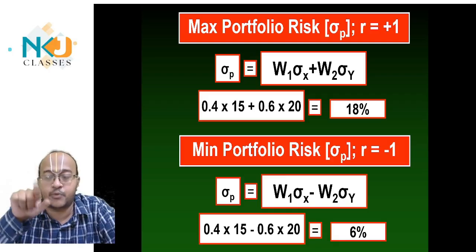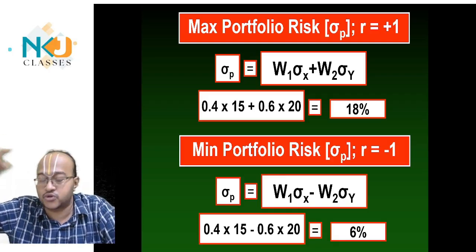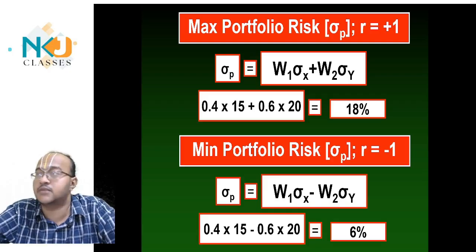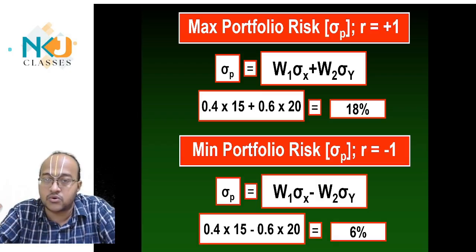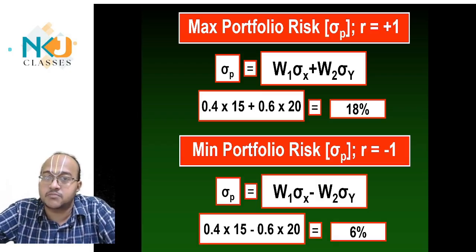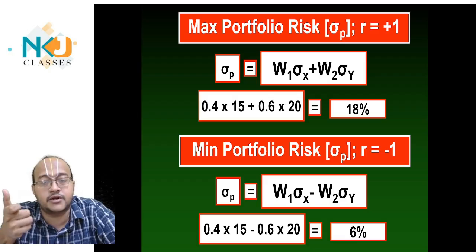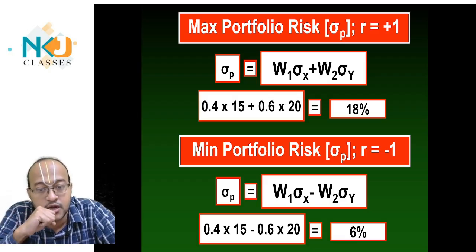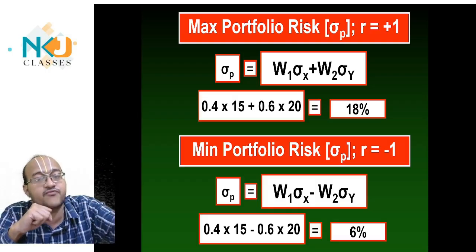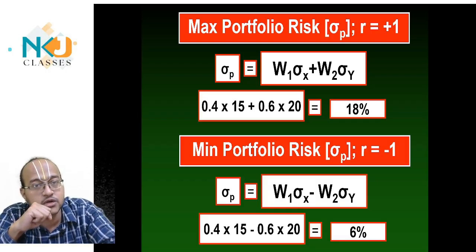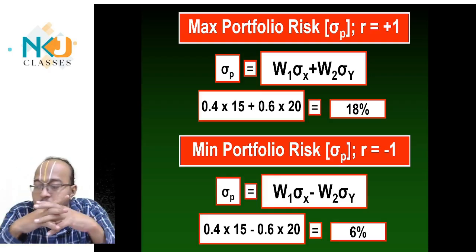Proportion of X is equal to sigma Y by sigma X plus sigma Y. Likewise, proportion of Y is equal to sigma X by sigma X plus sigma Y. By this formula you can reduce portfolio risk to 0, but only when you find the proportion using that formula and invest in that proportion. This is clear first.